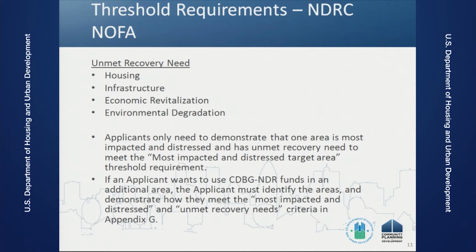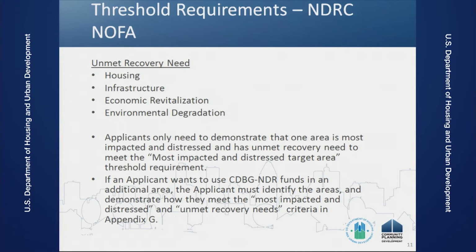And I just want to jump in really quick here before you switch this slide. This is a really different thing for HUD to be doing. Normally we identify most impacted and distressed areas in the case of disaster recovery, and we distribute the money by formula according to those criteria. But because this is addressing older disasters, we are giving grantees the opportunity to give us better data than what we have out there.